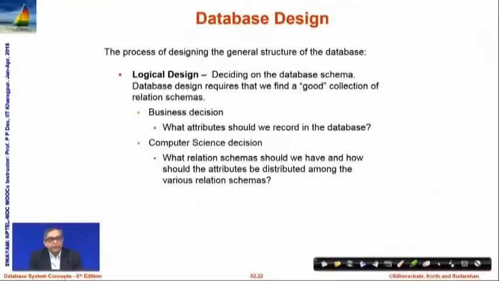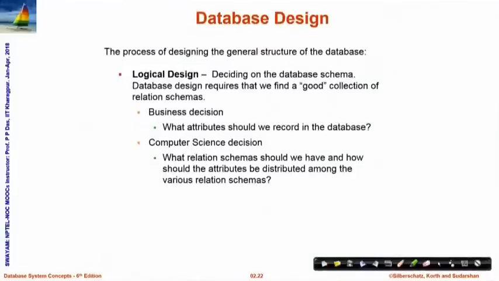If I am designing a university database, the business decisions will be that I have courses, students, instructors, and instructors teach courses. Can an instructor teach multiple courses? Can a course be taught by multiple instructors? These kinds of business decisions are critical for the database design.